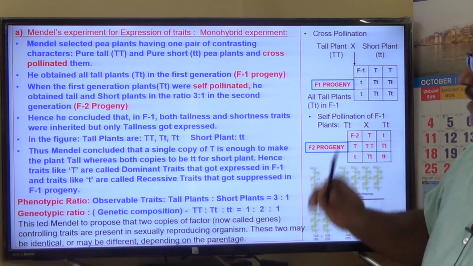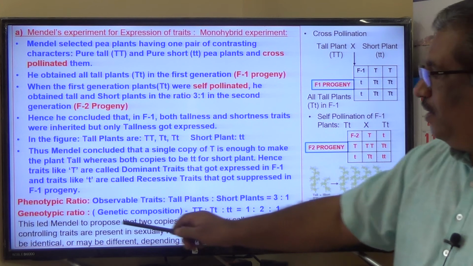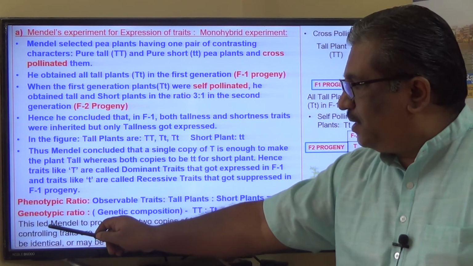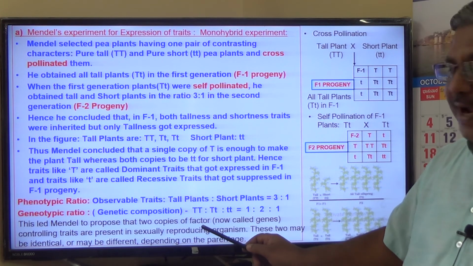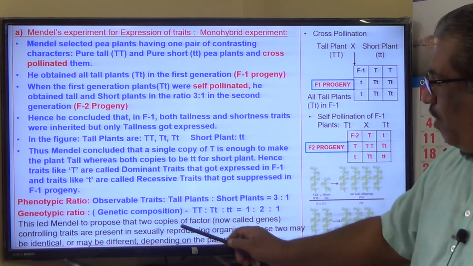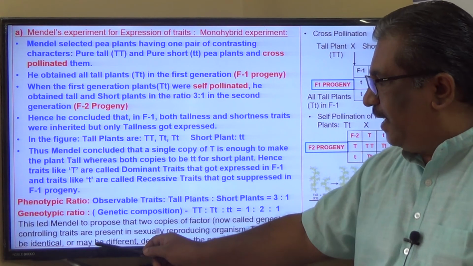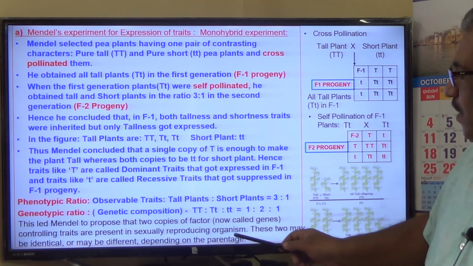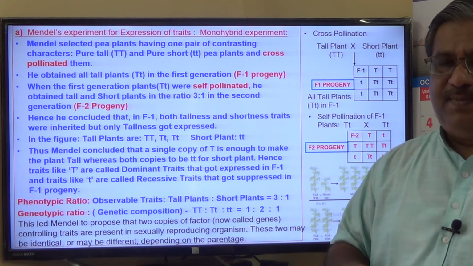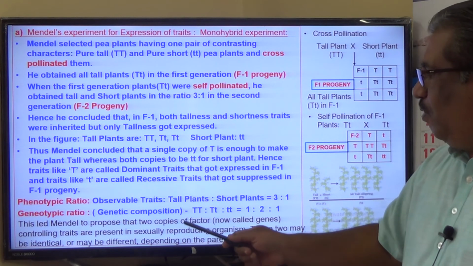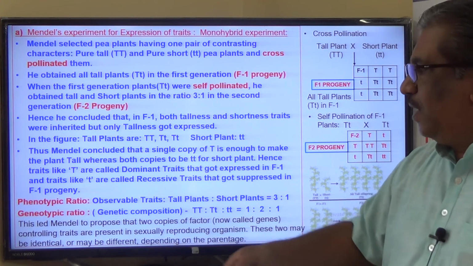So finally, what is the conclusion over here? The last sentence here is very important. This led Mendel to propose that two copies of a factor, or two copies of genes, are the ones that control the traits in sexually reproducing organisms. That means in sexually reproducing organisms, one pair or two copies of genes are required to control the traits.